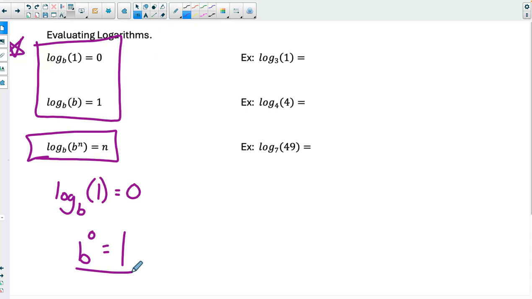So if we look at this one, log base 3 with an argument to 1. You read it like this: 3 to what power is equal to 1? Our property says it has to be 0. Just to make the connection for you. They are saying the exact same thing.